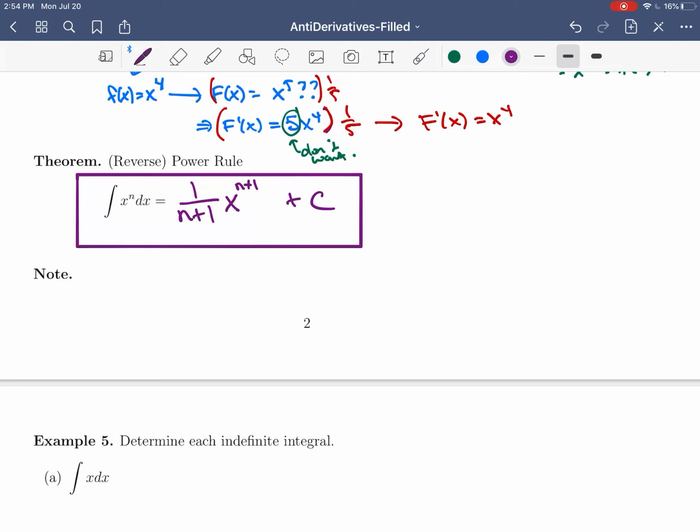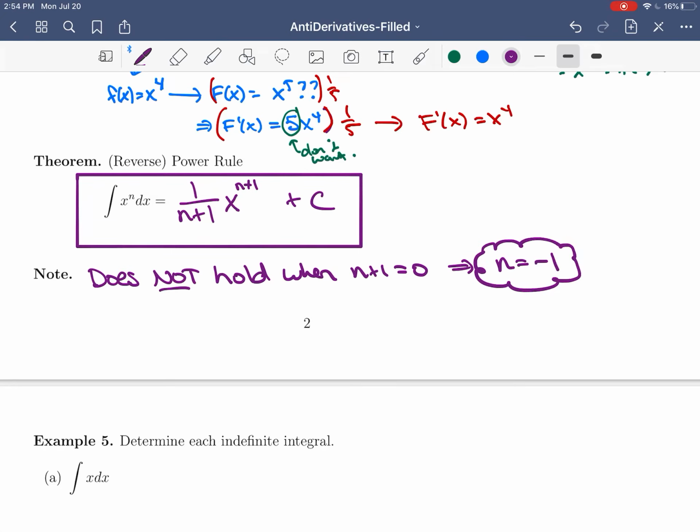So we need to be careful because this does not hold for when n plus 1 is equal to 0, which is when n equals -1. This is a bad n value. So when n is -1, you can't use this rule. But for all other n's, it works.